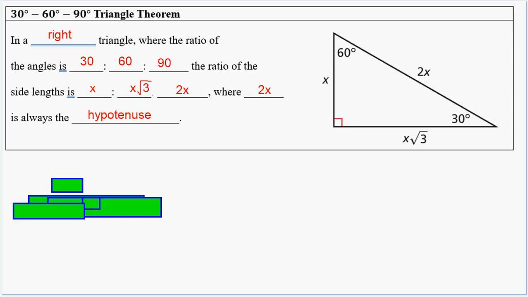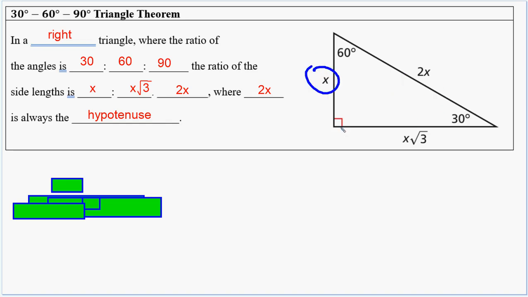So now let's concentrate on the figure. 30 degrees is across from the small leg, and then we've got the big leg, and we've got the hypotenuse. So let's say we're standing on the short leg, and we want to jump to the hypotenuse. We multiply by 2. If I'm on the hypotenuse and I want to jump back to the short leg, I would divide by 2.